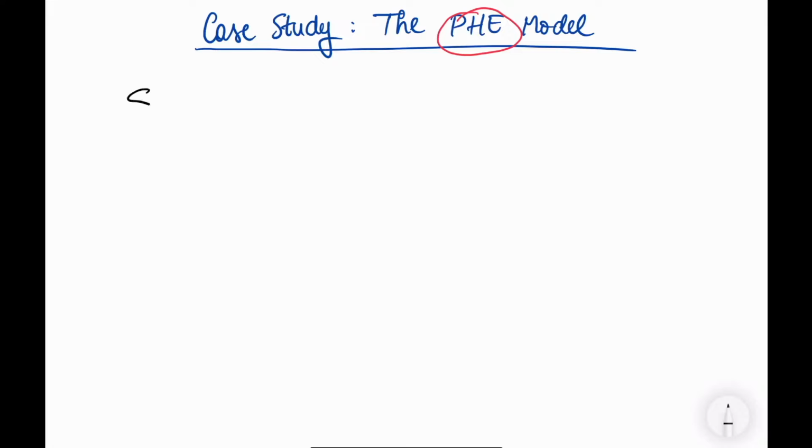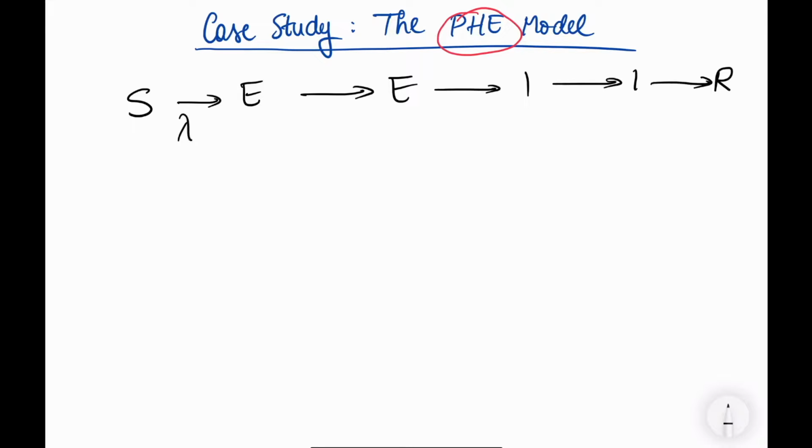This model is similar to an SEIR model, with the exception that instead of having only one exposed and one infectious compartment, we have 2, with the following rates of transmissions between the compartments.